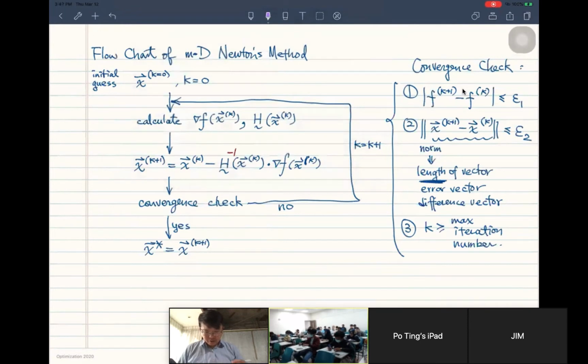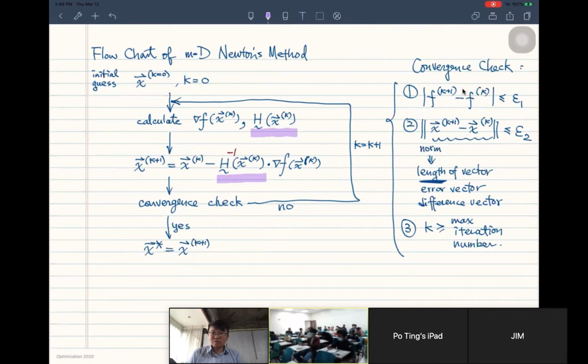In Newton's method, you need to calculate Hessian, and then you need to do inverse, which is okay when you only have two variables or three variables. But what if you have 10 variables?